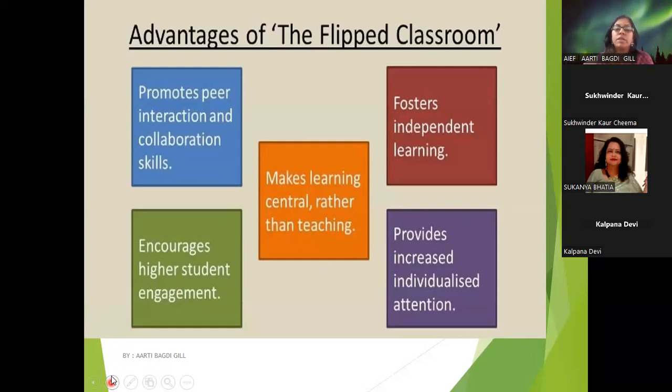As per the session, we can go for it for a differential environment in our whole day schedule or lesson plan. So here I can see it promotes peer interaction and collaboration skills. Yes, definitely. TPS we had previously discussed, think, pair, and share. So collaboration is something which gets enhanced when you do flipped learning.